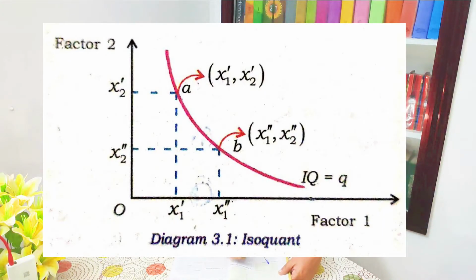On the OX axis, factor 1 is measured, and on the OY axis, factor 2 is measured.